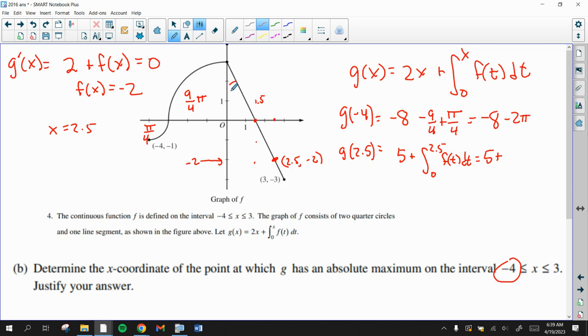So first triangle, 1/2 base is 3/2 times height is 3. So that would be 9/4. And then subtract this other little triangle.